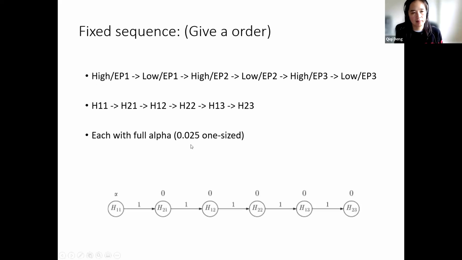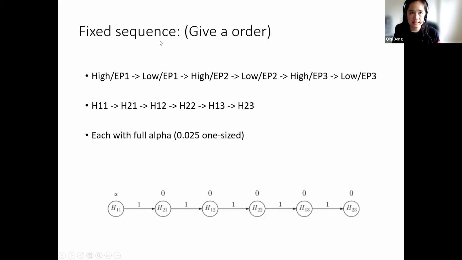And then there are different ways a statistician can offer to control the family-wise error rate. You can specify an order, starting from high dose to low dose for the first endpoint, and then do that for the second and the third. Then you can only go and test the next hypothesis if the previous hypotheses are successfully tested.